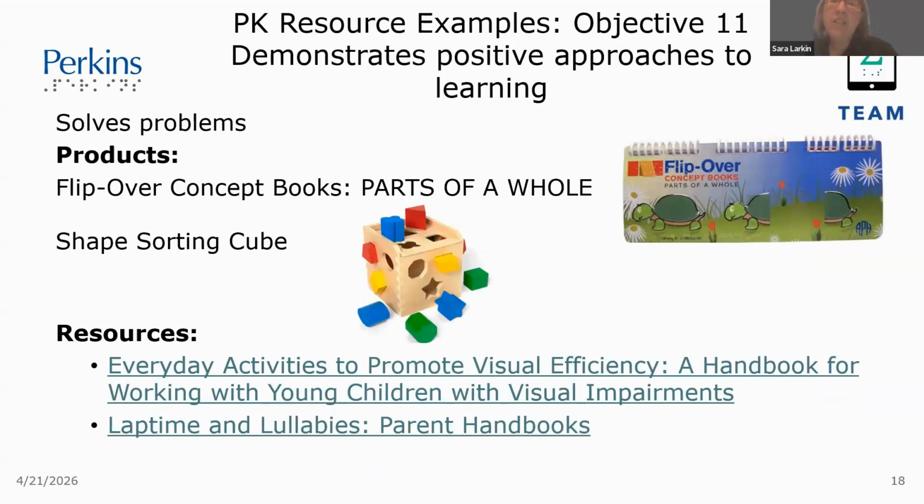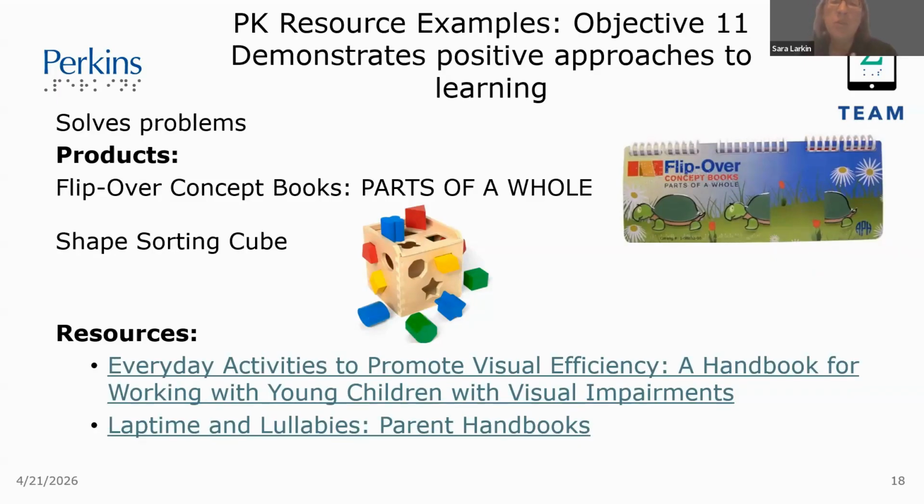For Objective 11 on demonstrates positive approaches to learning, one of the standards I picked out of there was solves problems. So the flip over concept book allows you to solve the problem of part to whole, where you have pictures of a whole object, pictures of a part, and you find the 2 parts that make the whole, which is often needed in mathematics.